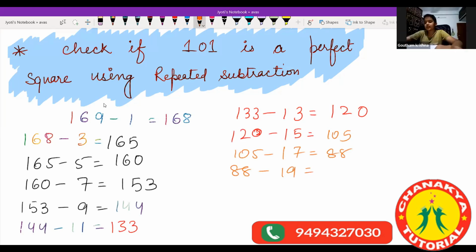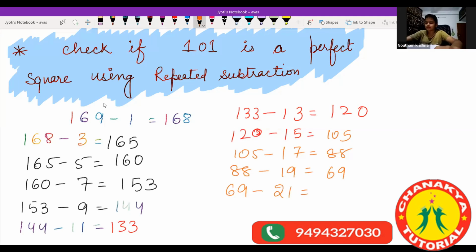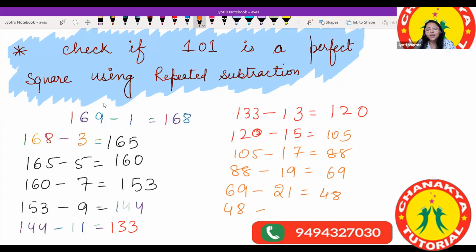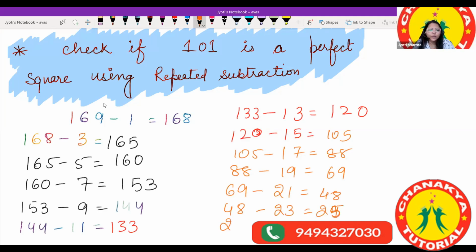The answer would be 69. 69 minus, after 19 we have 21. What will be your answer? 48. 48 minus 23. The answer 25. And then 25 minus 25. The answer is 0. Done.